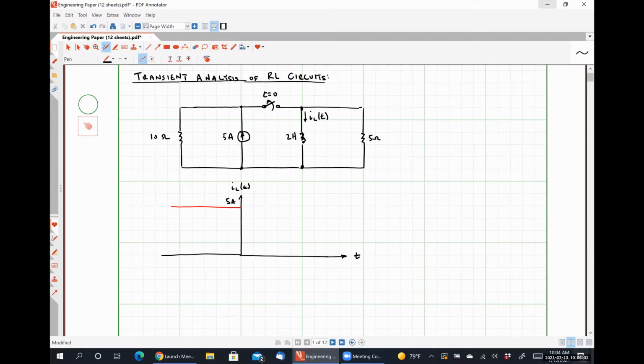At t is equal to 0, that switch opens up, right? And so what is going to happen is that all of the energy that is stored by that inductor will slowly be converted into heat by that 5 ohm resistor. Eventually, all of the energy that was stored in the inductor will be transferred to the resistor.